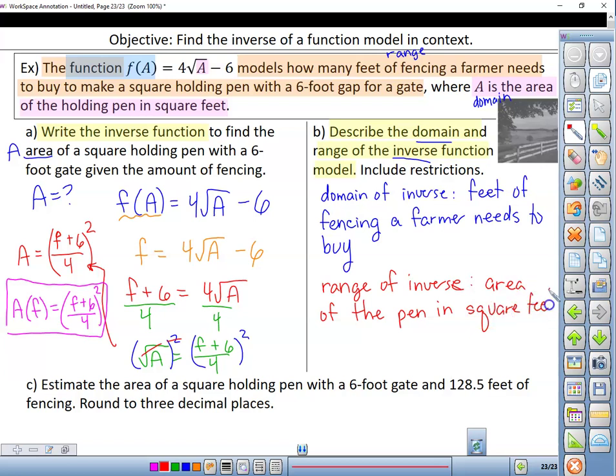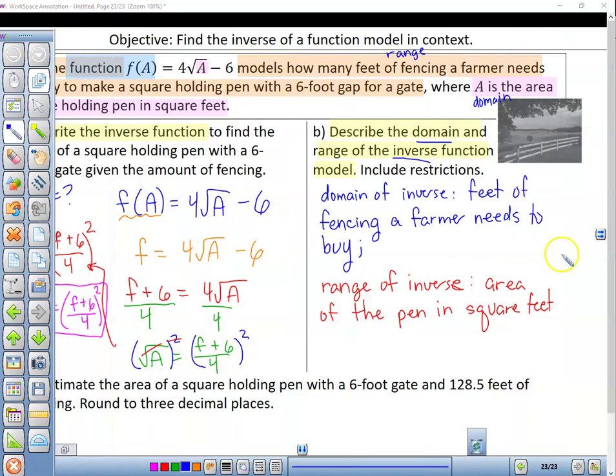All right, now let's take a look at our restrictions. So going back to our feet of fencing that a farmer needs to buy. What we're looking at here is a situation in which we have to be able to actually create a holding pen that has a 6-foot gate, which actually means the minimum side length would have to be 6 feet. Like if the gate took up the entire length of one side.